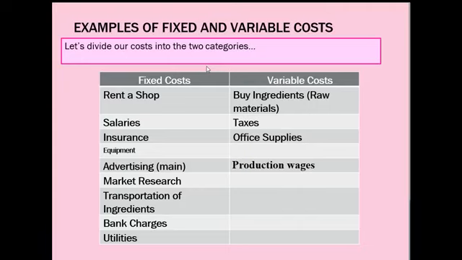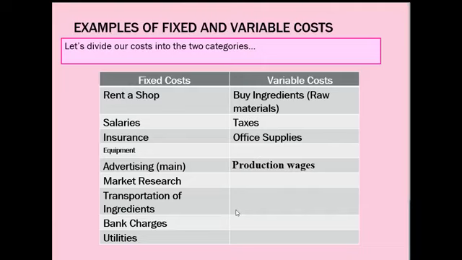What of transportation of goods? Don't forget, transportation of ingredients is quite different from transportation of goods. When you transport goods, you only transport the good you have produced or the good you want to sell.